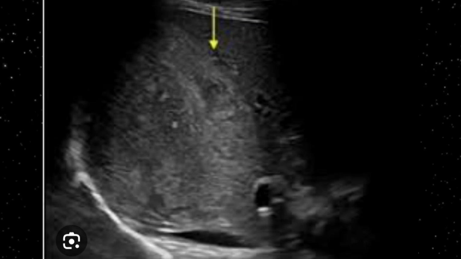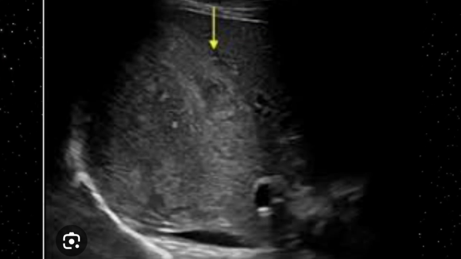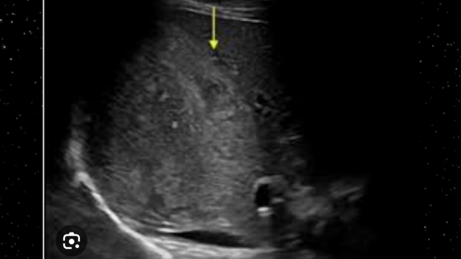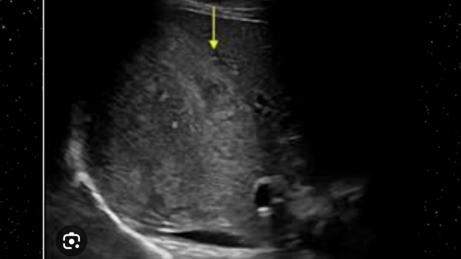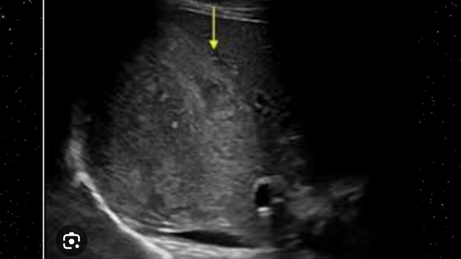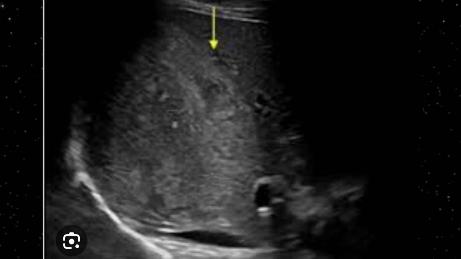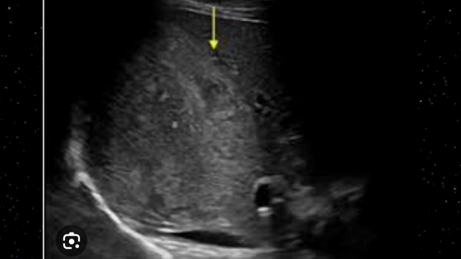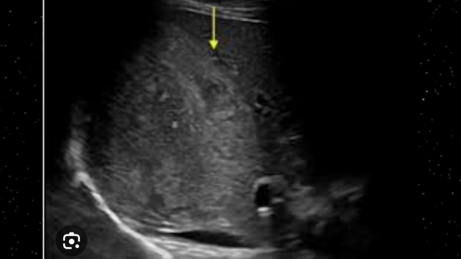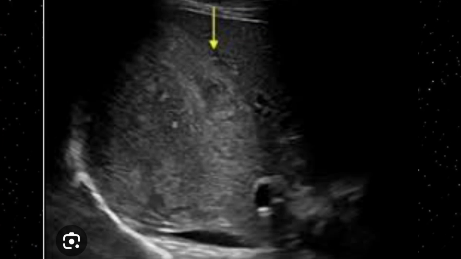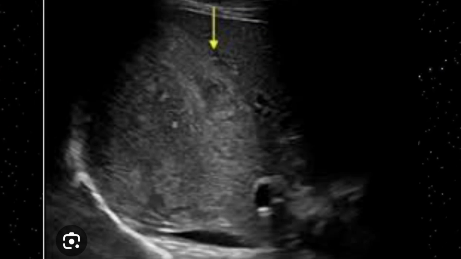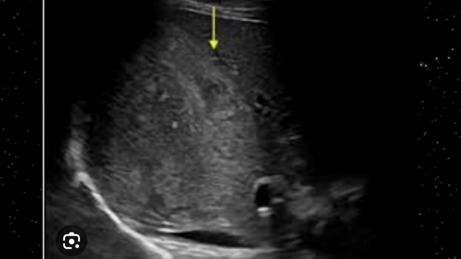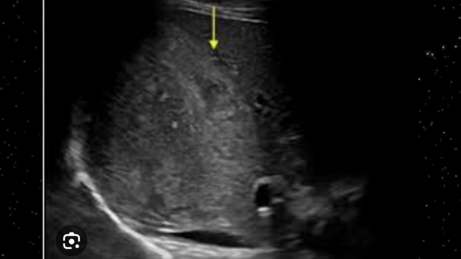This is another post-traumatic ultrasound scan. The post-trauma injury shows intraparenchymal hemorrhage. Patchy hemorrhage can be seen because of increased echogenicity in the liver, but this yellow arrow indicates intraparenchymal hematoma as well. Now the blood has liquefied, so this hypoechoic area can be picked up.